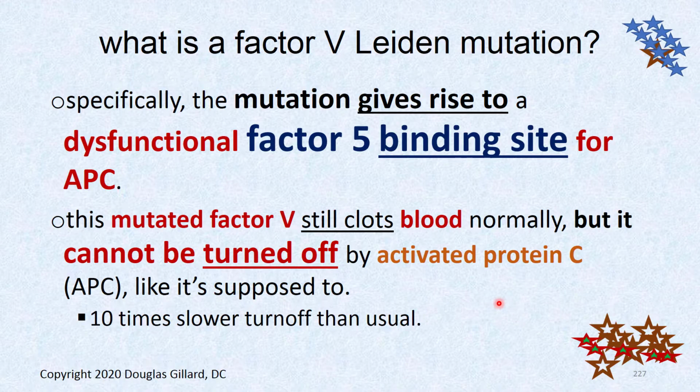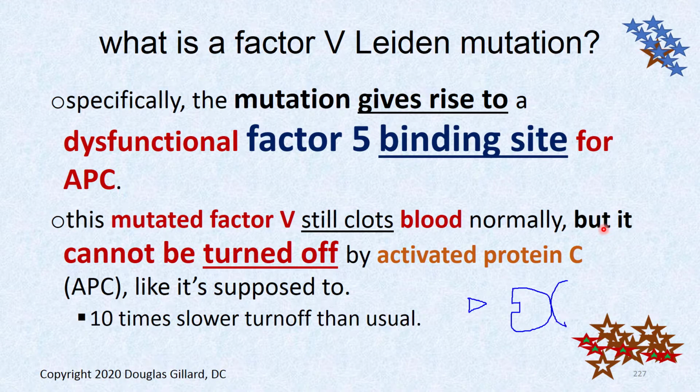But if you have a factor V, let's get that out of the way. That's kind of annoying how it does that. But let's draw another factor V. Now this one has the factor V Leiden mutation. This one's mutated. So here comes APC, trying to shut this guy off.